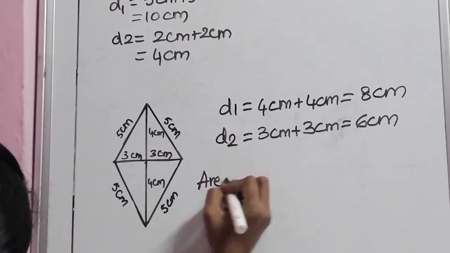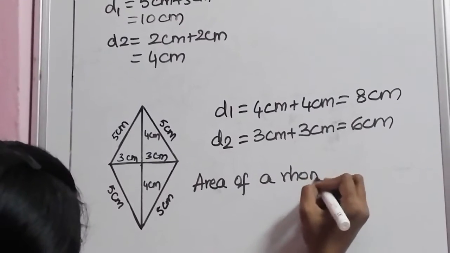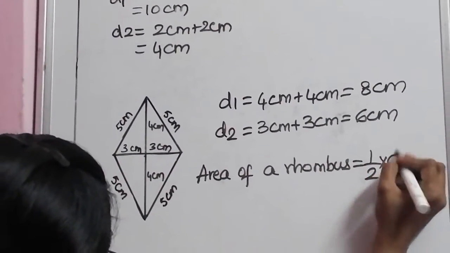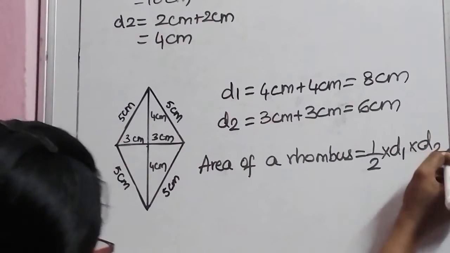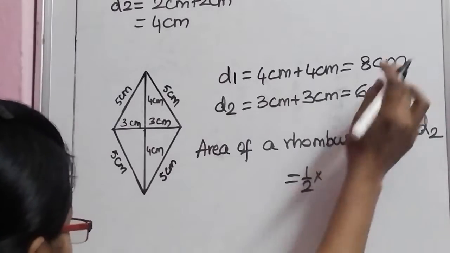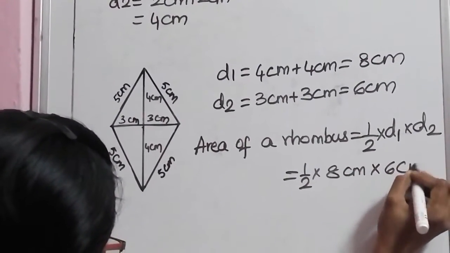Now let us find out the area of a rhombus. Area of a rhombus is equal to half into d1 d2. Half into d1 is 8 centimeters, d2 is 6 centimeters.